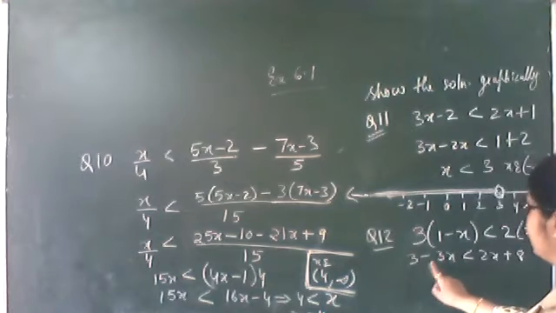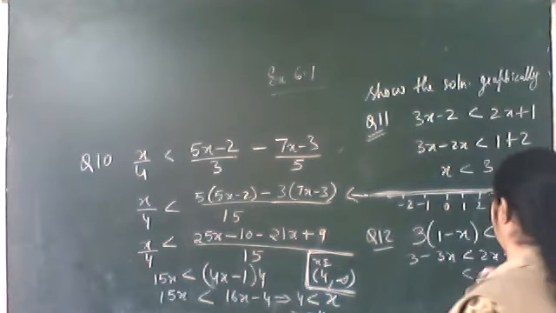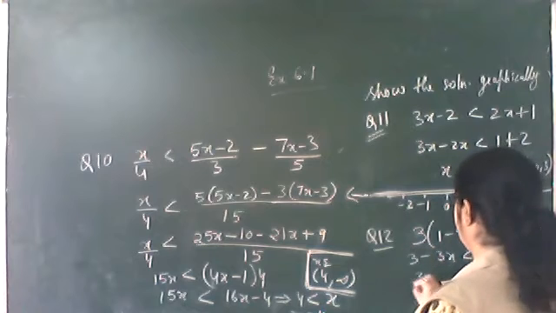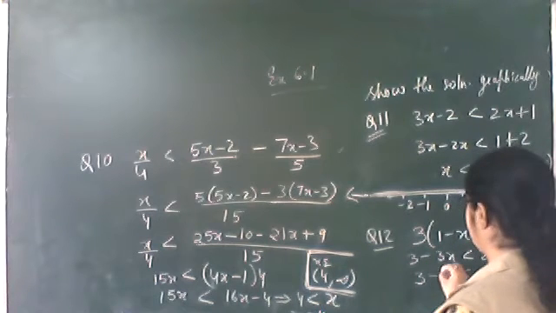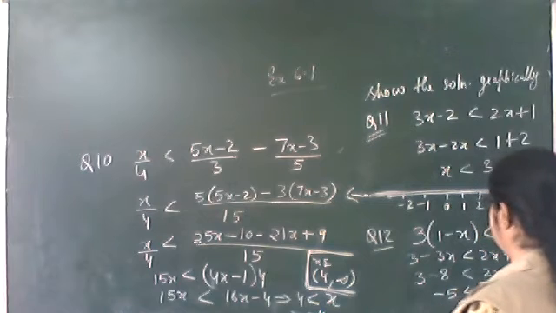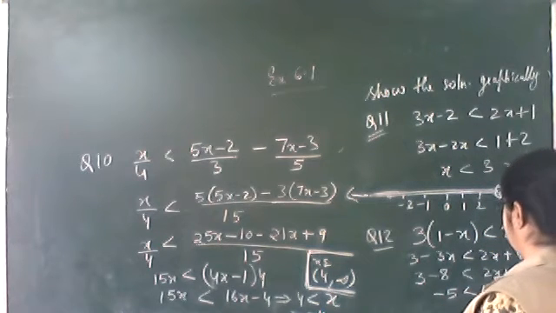Now minus 3x is there. Take 3x that side, so you will have 2x plus 3x. Bring 8 this side, we will have 3 positive. 8 will be minus 8 this side. So minus 5 is less than 5x.